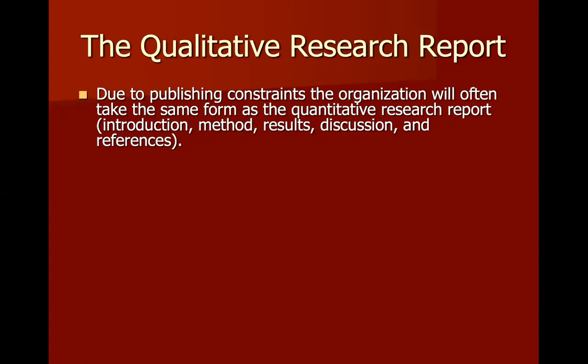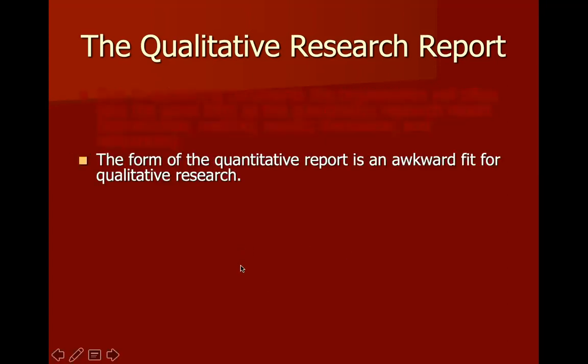You have to try to break your discussion of what you found into the same form as a quantitative research report. So you still have the introduction, the methods, the results, the discussion, and the references, right? That goes into the qualitative, just like it does in the quantitative. But the way that you write about it may differ depending on the choices of the researcher, okay?